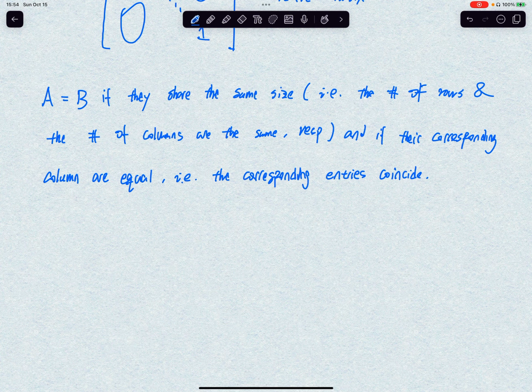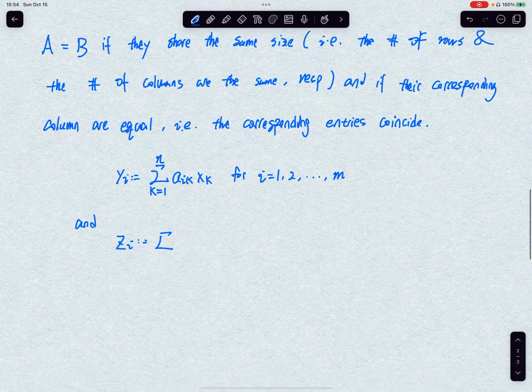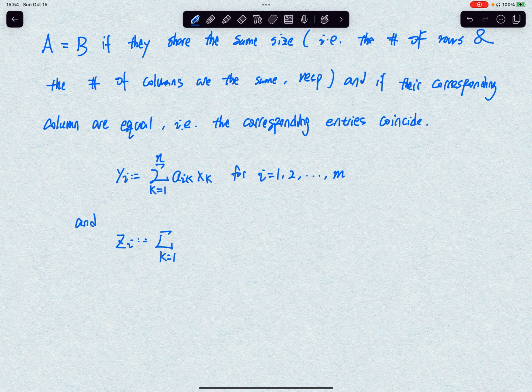And recall that yi equals the summation k from 1 to n of aik xk, for i ranges from 1 up to m, and zi is defined to be the summation for k from 1 to n of bik xk, for i still ranging from 1 up to m.